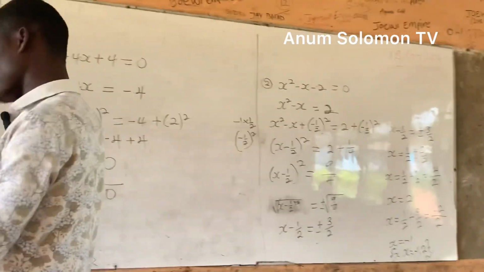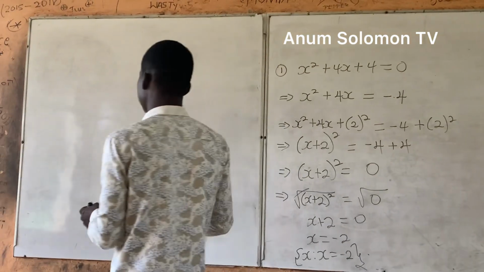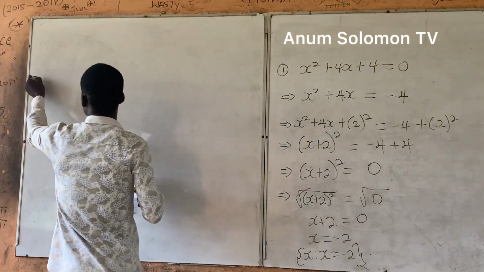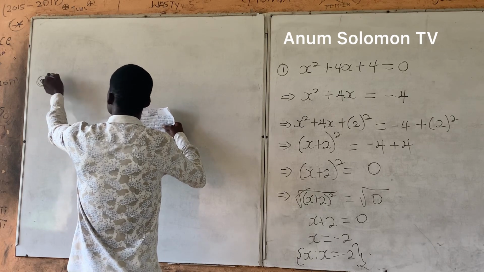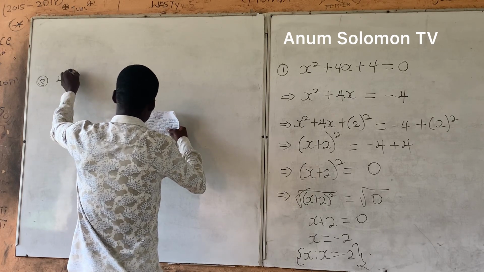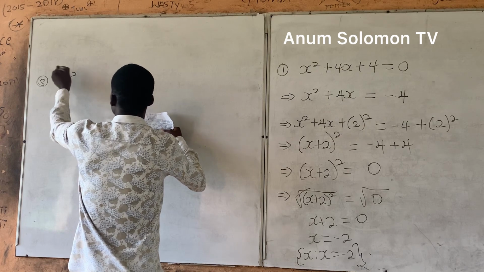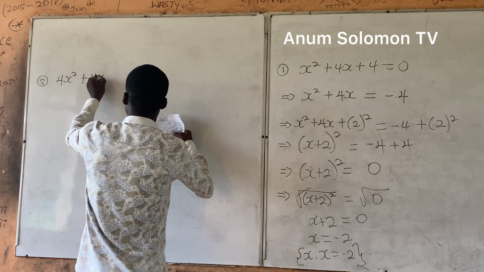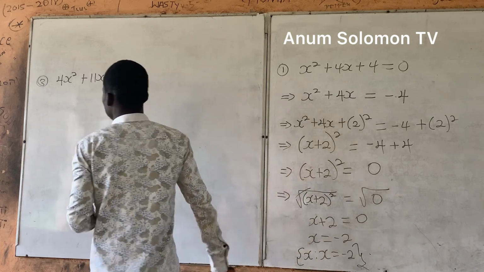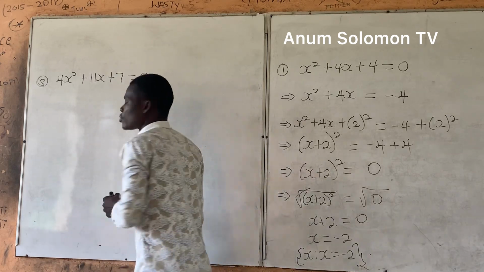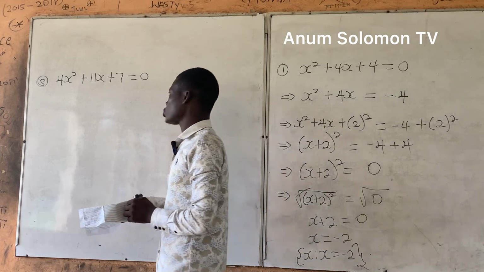Now let's look at how to solve the third problem. So we have 4x squared plus 11x plus 7 equal to 0. To solve this one, you have to ensure that the coefficient of x squared is 1.